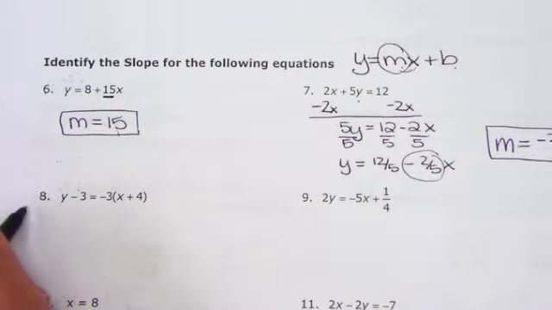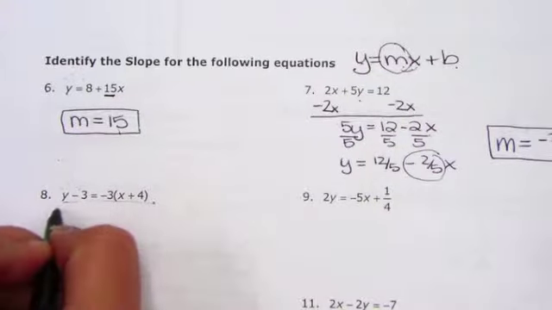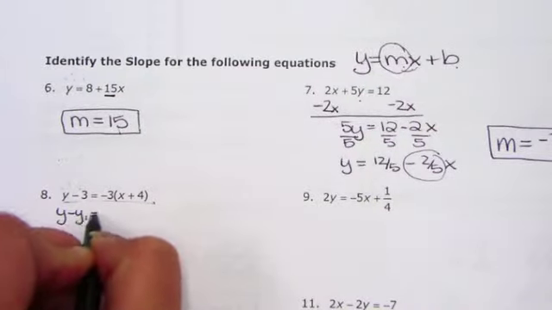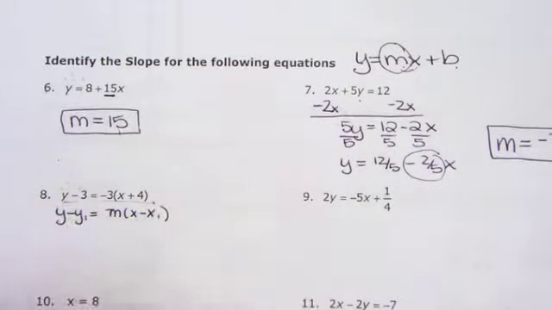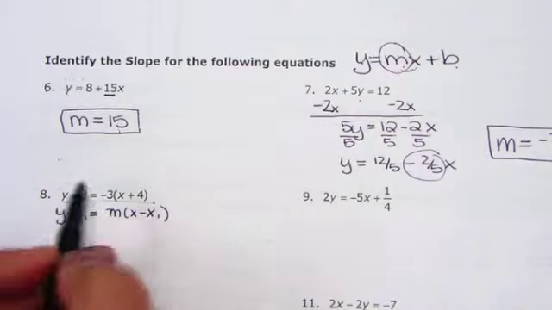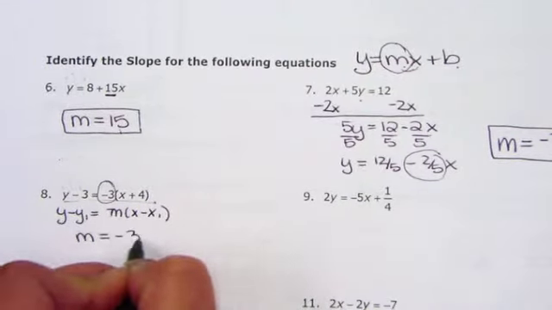In number 8, this is point slope form. y minus y1 equals m times x minus x1. If you recognize that right away, you can see that m is negative 3.